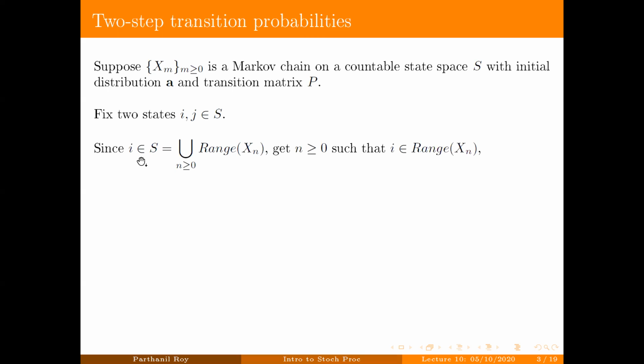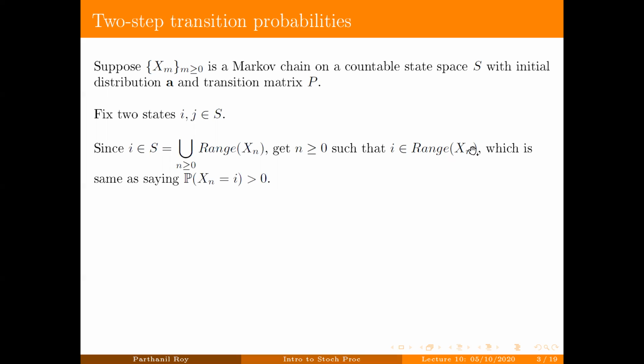since i is in S, which we have assumed to be the union of the ranges of Xn as n runs over all non-negative integers, we can definitely find one non-negative integer n, at least one, such that i belongs to the range of Xn. So fix such an n for now.